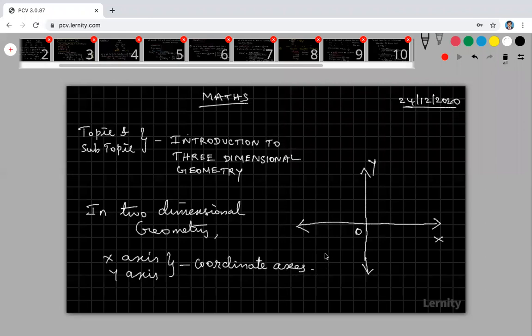Okay, students, and these coordinate axes divide the entire plane into 4 quadrants.